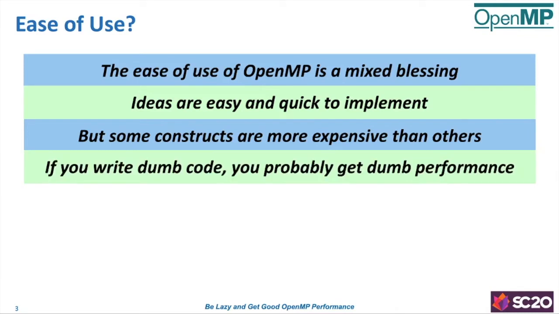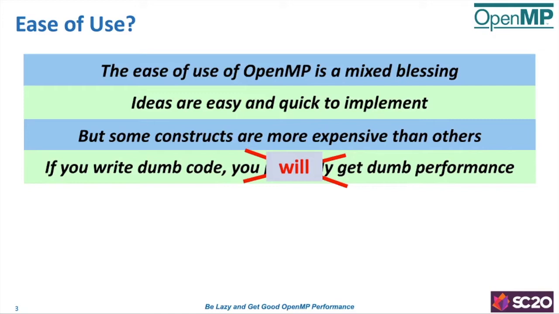Also, if you write dumb code, you probably get dumb performance. Actually, I can make that stronger. You will get dumb performance. The reason is that OpenMP is very prescriptive. You tell the OpenMP compiler what to do, and it will do so. It will follow what you tell it to do. So if you have some dumb advice, the compiler will follow the dumb advice and generate bad code. And for compilers, it's very hard to fix that.